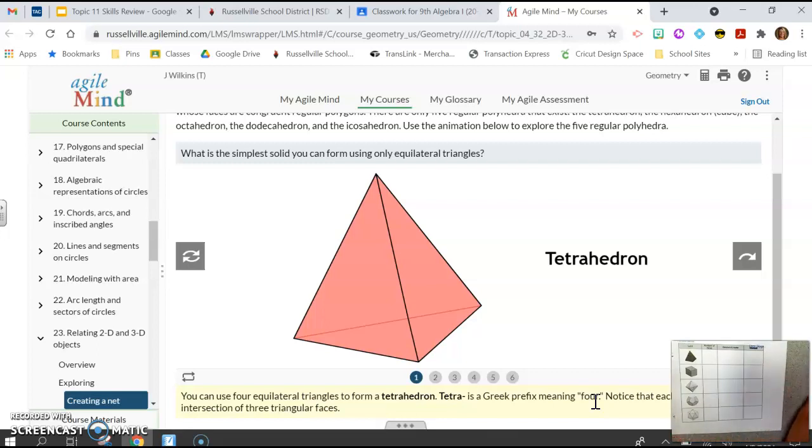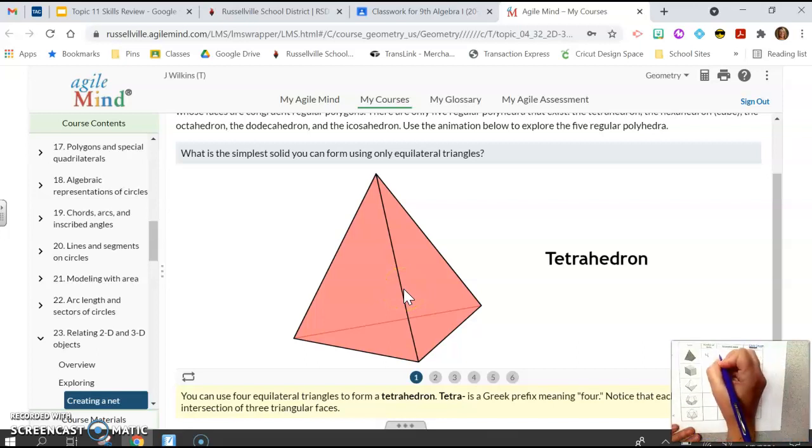So in your notes, where it says the number of faces, there are 4 of them. It's called a tetrahedron because tetra in Greek means 4. These are all called polyhedrons. So a tetrahedron is a 3-dimensional shape that has 4 equilateral triangles. We'll put tetrahedron here.